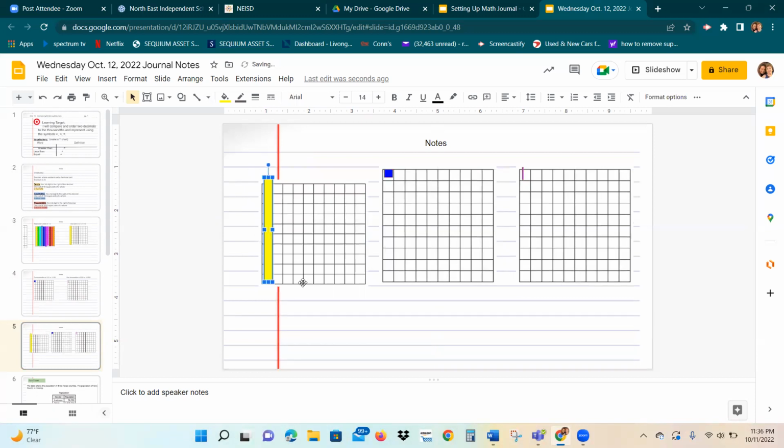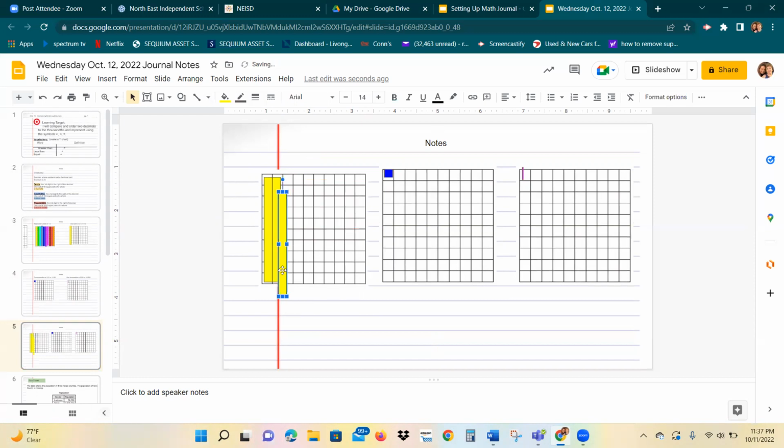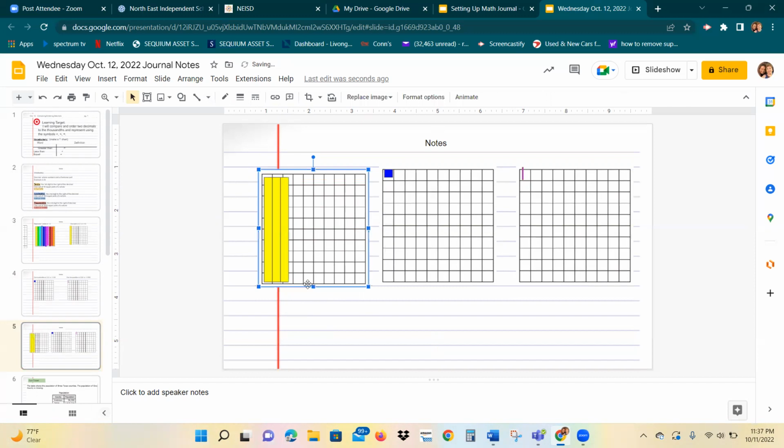Okay, so that's 1/10. And 2/10. 3/10. And if you want to, you can change those colors up because it's hard to see.